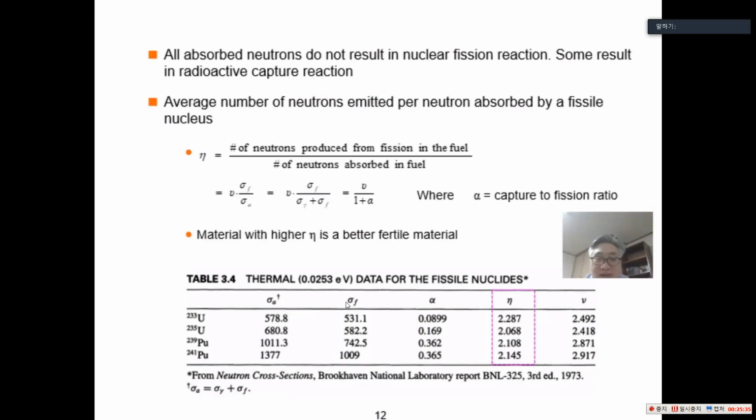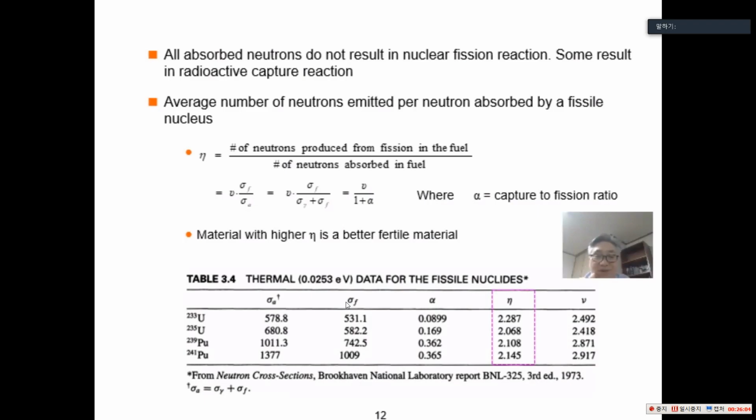So eta can be calculated by nu times sigma f divided by sigma a. And sigma a is sigma gamma plus sigma f. When we divide numerator and denominator by sigma f, we get nu over 1 plus alpha, times 1 plus alpha... so eta equals alpha-dependent nu over 1 plus alpha, where alpha is the capture to fission ratio.